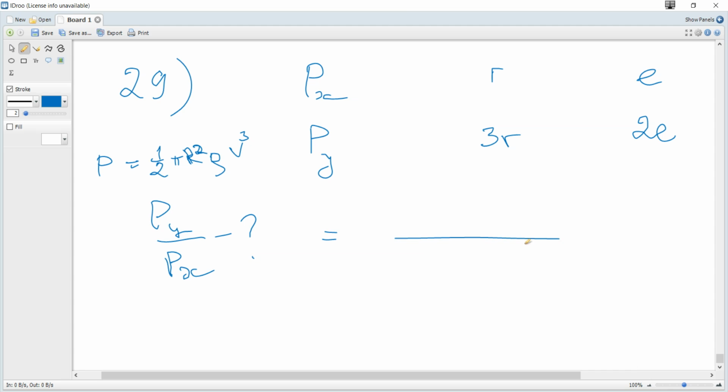Yes, so the maximum possible power output for Y is proportional to 3R squared, while for X it's just R squared.